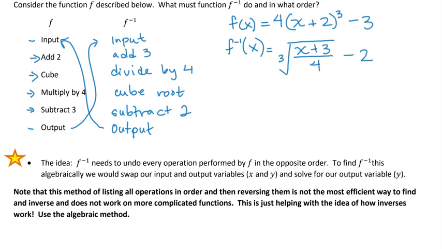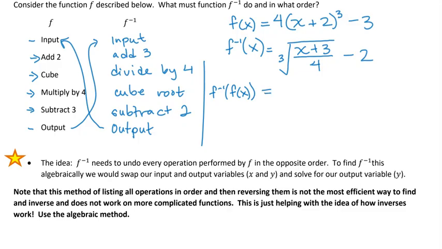So if these are in fact inverses, what I have claimed before is that when we compose them, we should just get back the identity function x. So let's try it. I think I have enough room here. Let's try f inverse of f of x. And it should work both ways, but we're going to try this way.